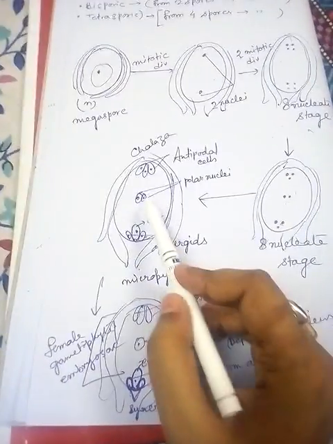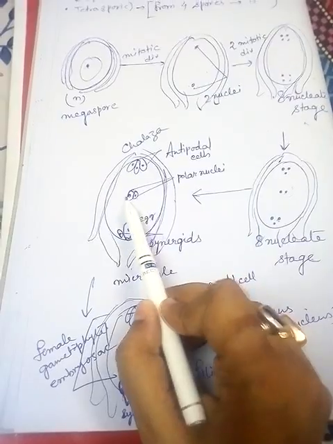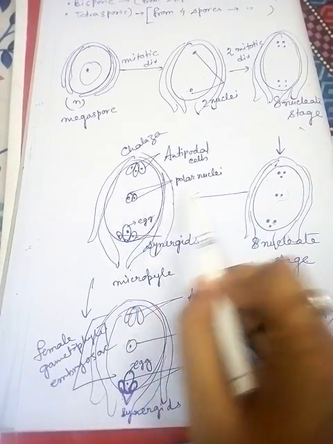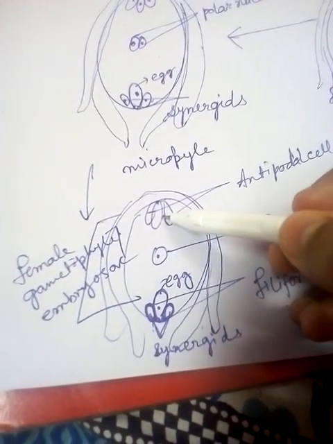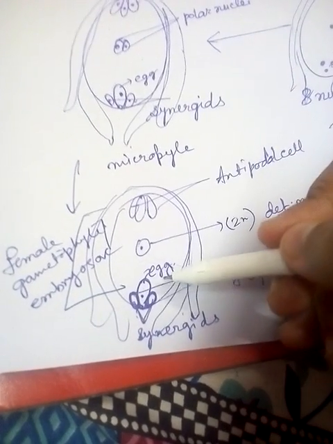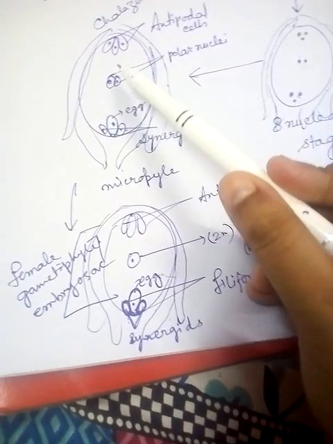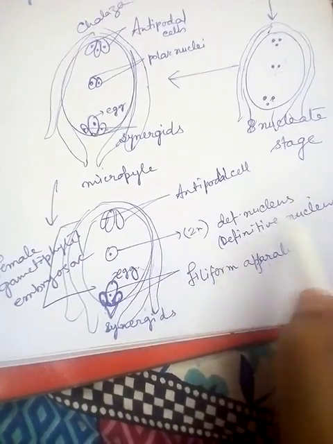Two haploid nuclei are present at the center, and these 2 haploid nuclei are known as polar nuclei. In the last stage, the antipodal cells are present, and this is the filiform apparatus with the egg and 2 synergids, and the 2 polar nuclei fuse, forming the definitive nucleus.